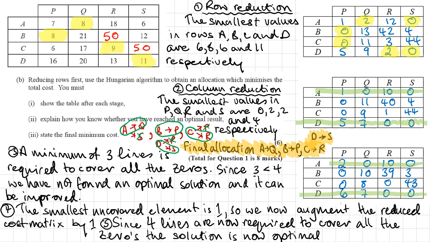Okay, so my total cost is going to be equal to 8 plus 8 plus 9 plus 11, and that's going to give me a total cost of 36. So that will be my final solution for this question.